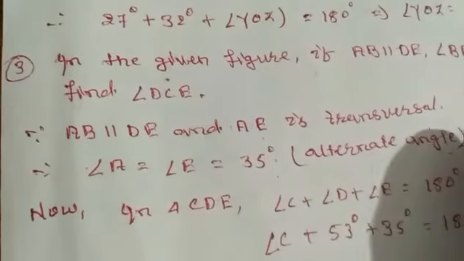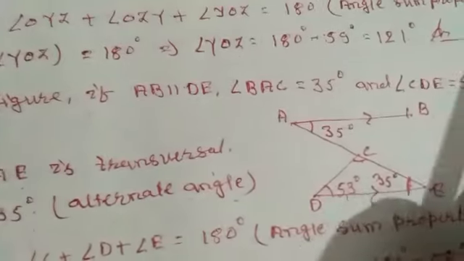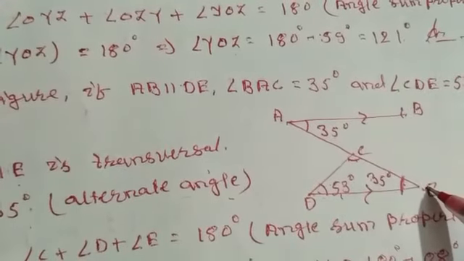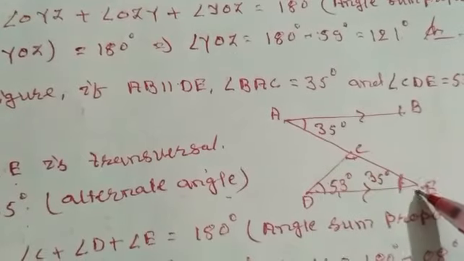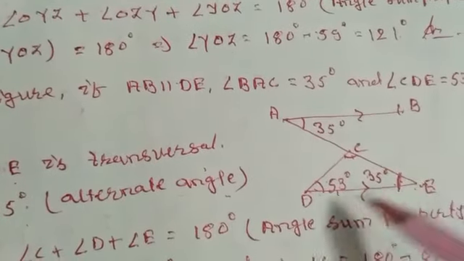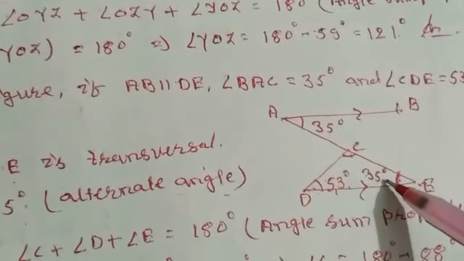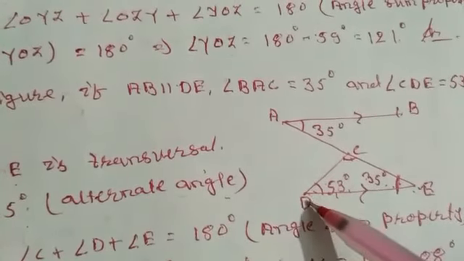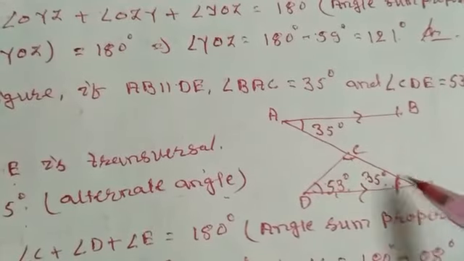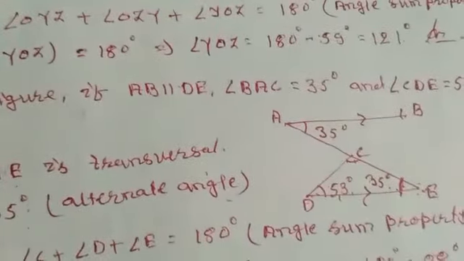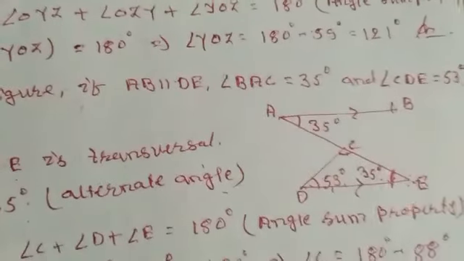Now in triangle CDE, the two angles of this triangle, angle D and angle E, are known, that is of 53 degree and 35 degree. And now we need to find the angle DCE. So apply the angle sum property of triangle.